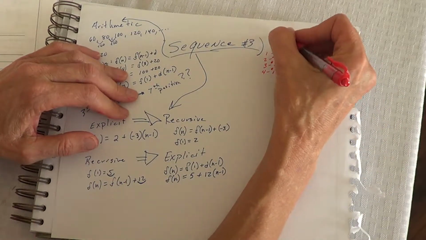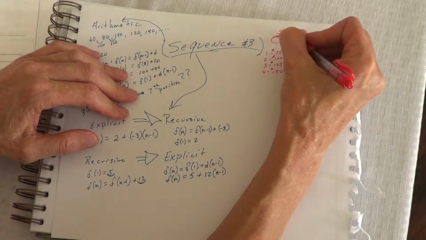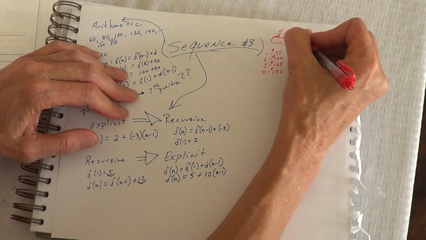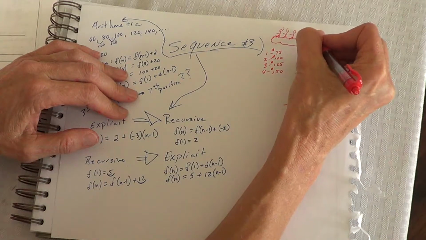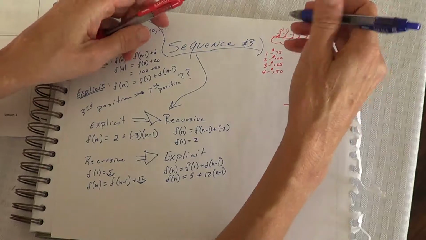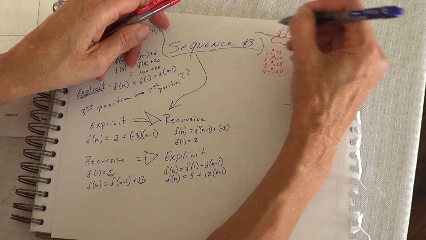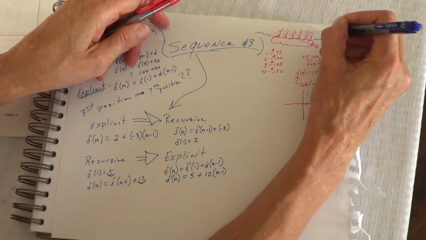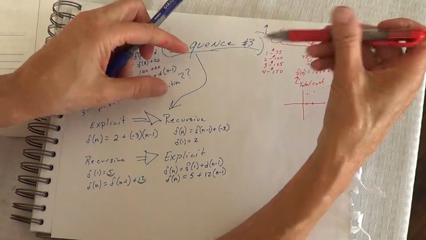It's restricted in real life. It's restricted by the number of people in your raft. Because see, as you start loading it up, the water level starts rising. And guess what is happening to that raft?